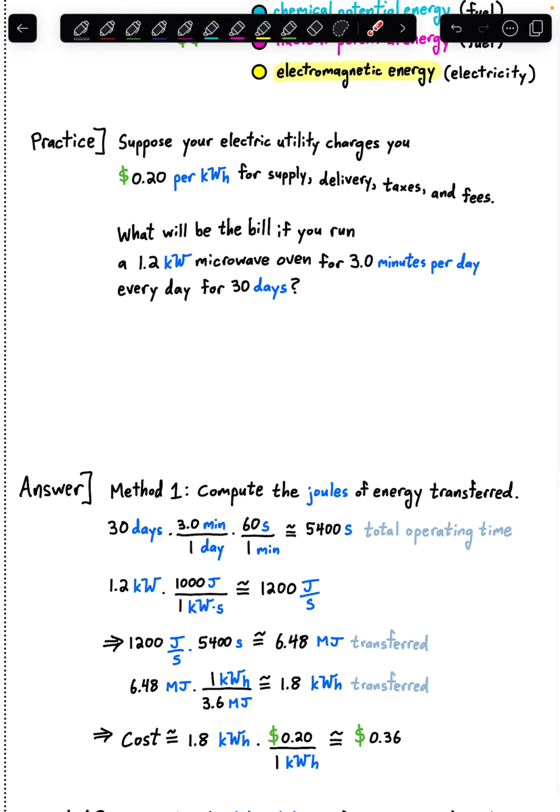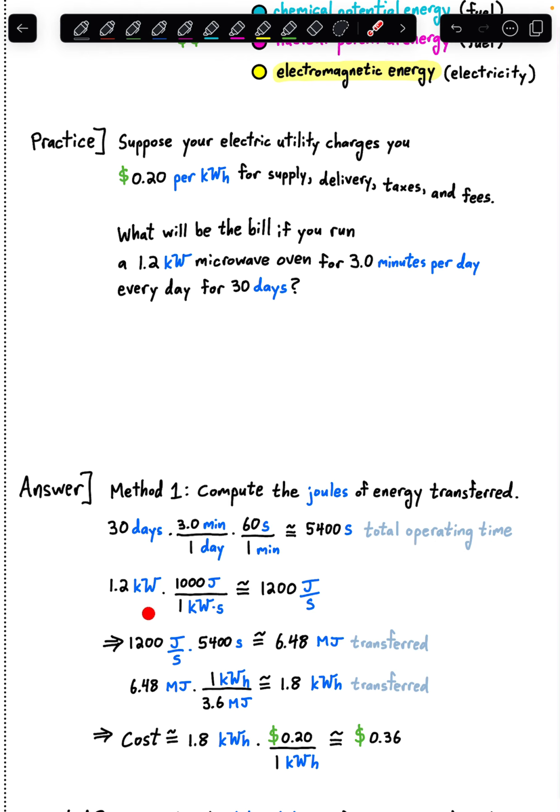Method 1 of finding this would be to start by computing the amount of joules of energy that has been transferred to you, the user. So 30 days, you're running this microwave oven for 3 minutes every day. There's 60 seconds in a minute. So that's 5,400 seconds total operating time over those 30 days.